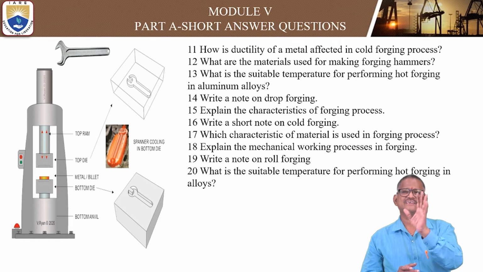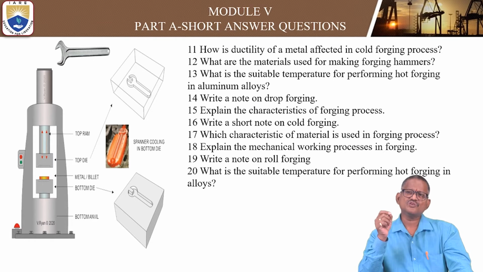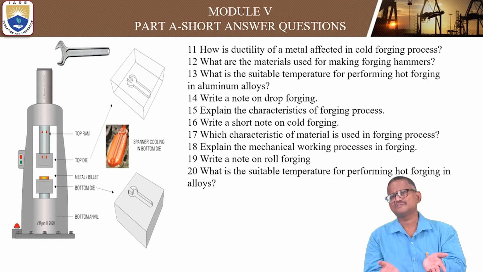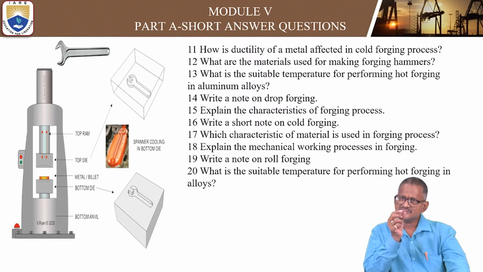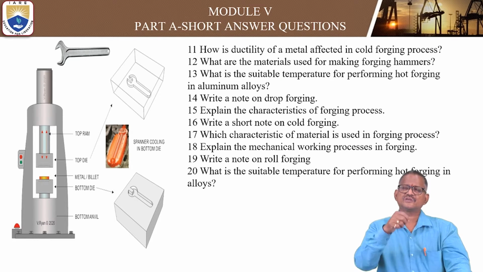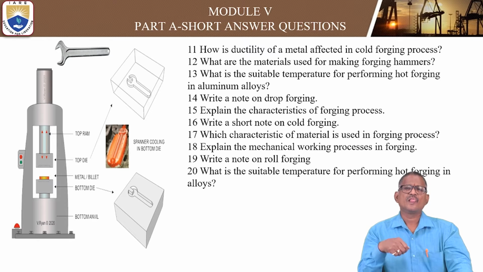Brittle material means cast iron, ductile material means steel. In the cold forging process, no heating is done. Obviously, even to change a simple shape you need to apply a lot of pressure and force. Due to this ductility, you can apply the pressure effectively.